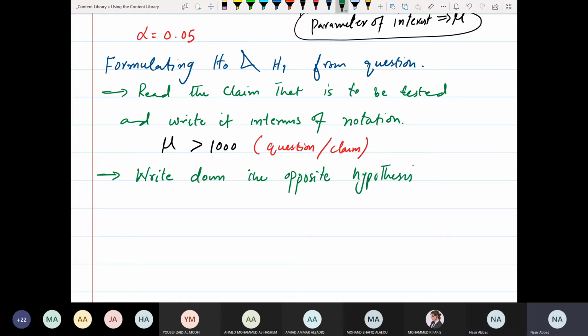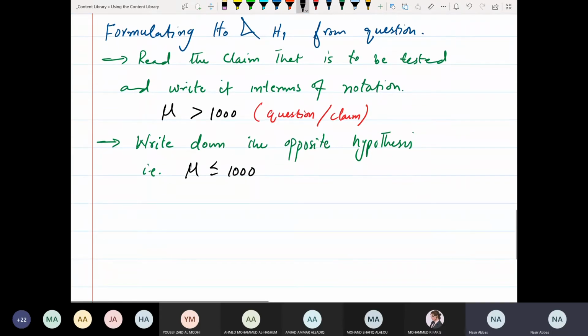In this case, my claim is mu greater than 1000. The opposite is what? Less than or equal to 1000. Now you have your two hypotheses. One is your question, the other is the opposite. Out of those two hypotheses, one of them will always contain an equal sign and the other one will not. So step number 3 is to finalize H0 and H1.